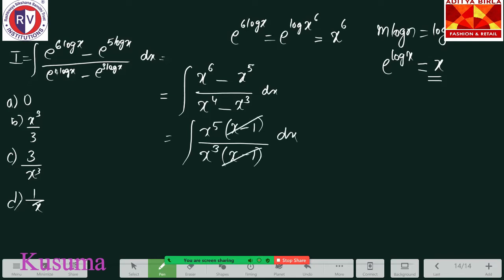Here x minus 1 and x minus 1 cancel and we will be left with x square into dx. So the integration of x square is x cubed by 3 plus integration constant c. So the answer will be option B.